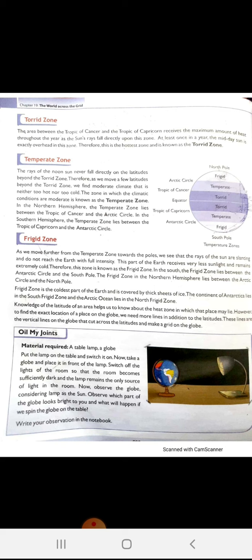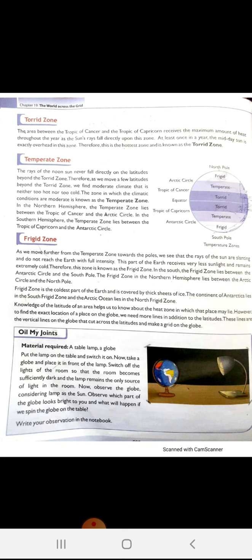And last is the Antarctic Circle. From the Antarctic Circle, the downside part is the frigid zone. So we have 2 frigid zones, northern and southern. We have 2 temperate zones, northern and southern. We have 2 torrid zones, northern and southern. I think the diagram is clear.